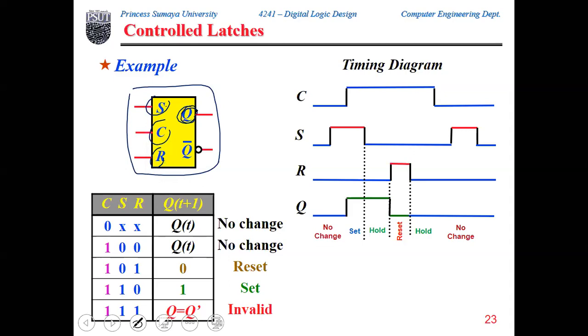So what we have here is the clock, which is changing like this. Here it is 0, here it is 1, and here it is 0. During this time, S and R changed like this, as given. We want to see what is the effect on Q.